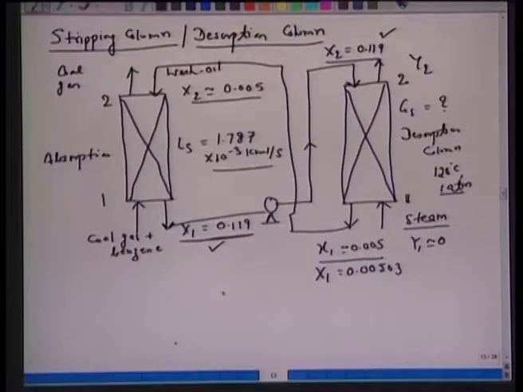And it is given that this GS is 1.5 times GS min. So, this is just reverse to what we had in case of absorption column, where we said that liquid LS is 1.5 times the minimum amount of liquid. So, we have the similar procedure here. We will follow what we did earlier.